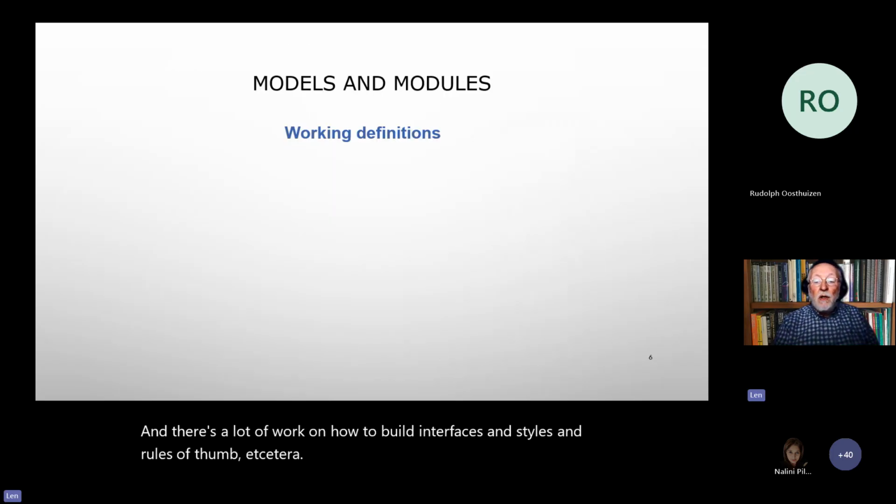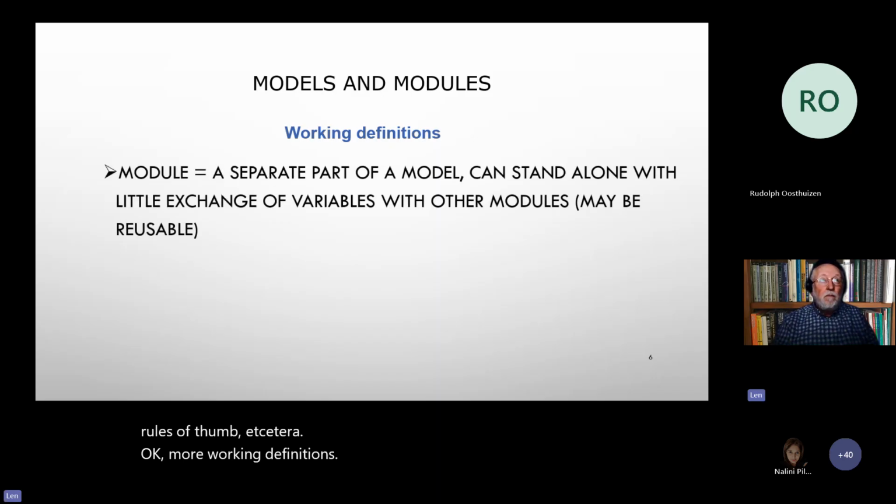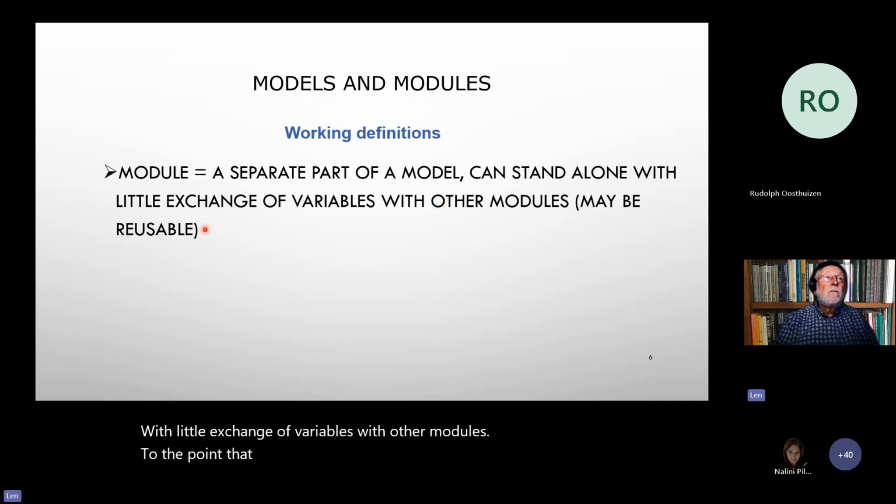Okay, more working definitions. A module, a separate part of a model. Ideally, it can stand alone with little exchange of variables with other modules, to the point that a module may be reusable.